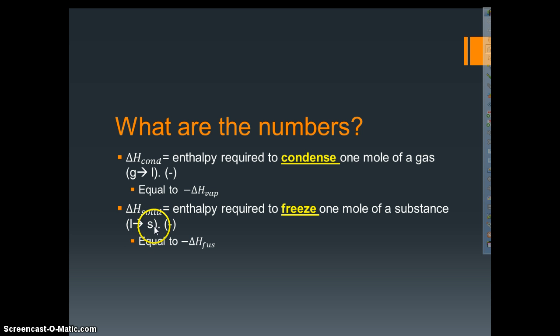That was the opposite of something going from solid to liquid, or melting. So they'll have opposite signs. Delta H of fusion is the heat for melting. That'll be the same numerical number, just a different sign. And we'll look at an example of that.